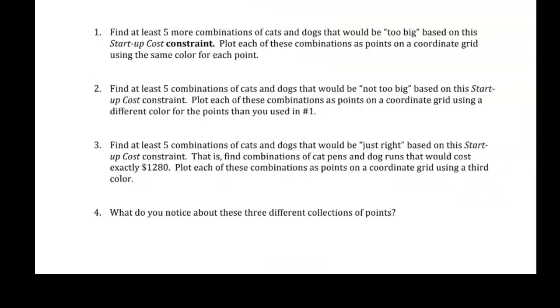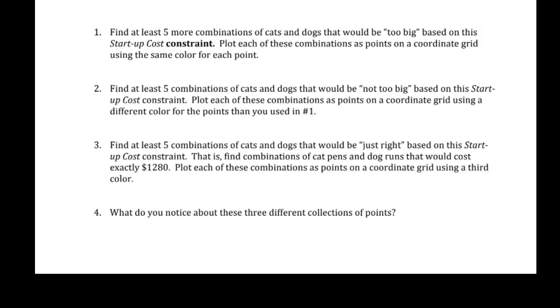So in this lesson, you're first being asked to find at least 5 more combinations of cats and dogs that would be too big, similar to the 12 cats and 12 dogs that we just discussed, based on the startup cost constraint. Plot each of these combinations as points on a coordinate grid using the same color for each of the points.